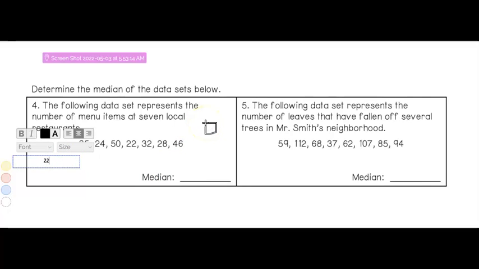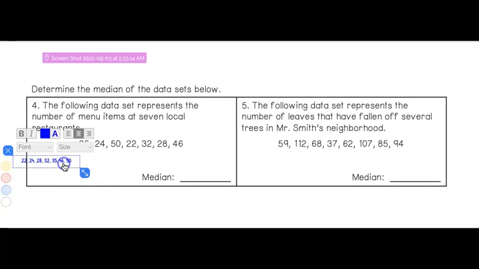So 22, and then 24, and then 28. So 22, 24, 28, and then we have a 32, we have a 35, we have a 46, we have a 50.